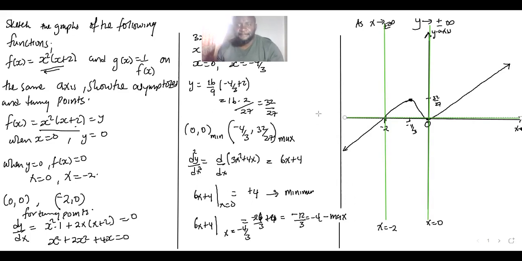Now they have said, because those are asymptotes, our point which we had initially as negative 4/3 and 32/27 has turned to become 27 out of 32.